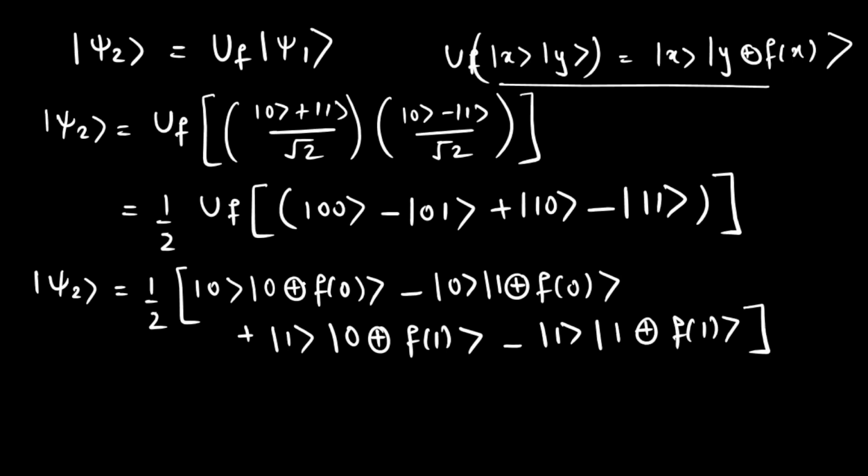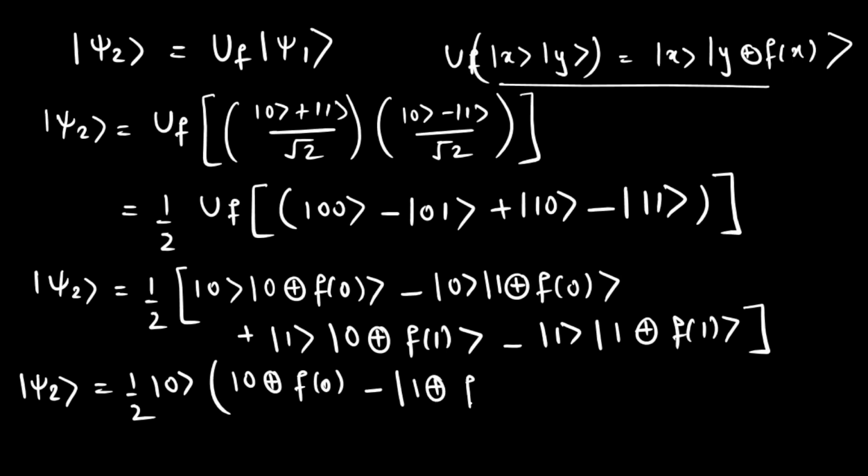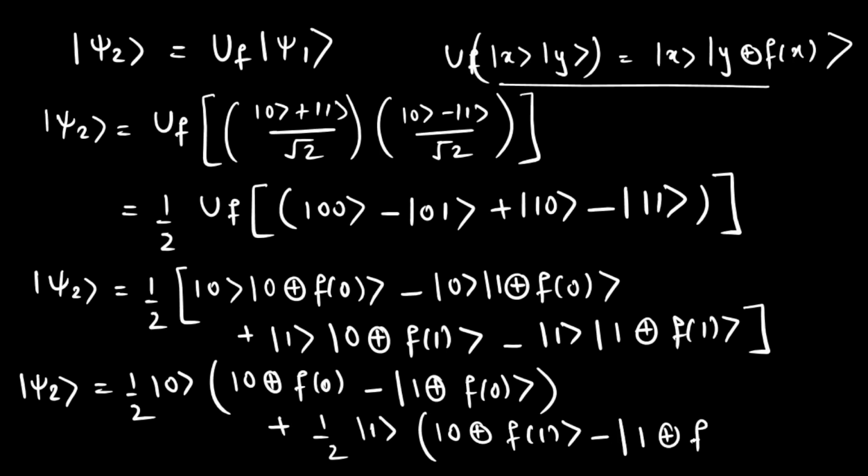Now we can simplify this further by taking |0⟩ and |1⟩ common. So we'll have psi 2 equal to half |0⟩(|0 ⊕ f(0)⟩ − |1 ⊕ f(0)⟩) plus half |1⟩(|0 ⊕ f(1)⟩ − |1 ⊕ f(1)⟩).